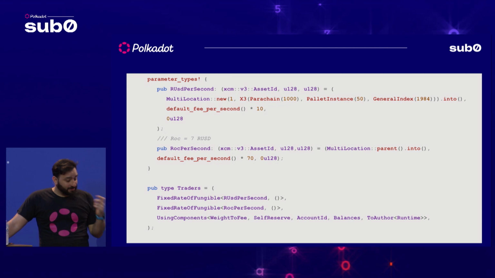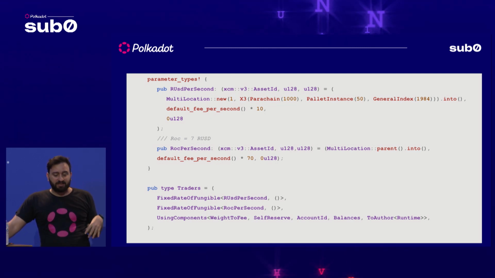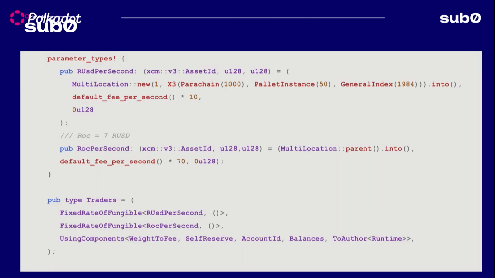The traders. When a message arrives, you need to say how you pay the fees. We went the simple way by using the FixedRateOfFungible implementation. This says, okay, this fee per second, we put a relation, so it's a fixed amount.